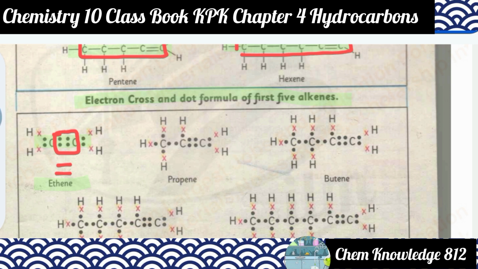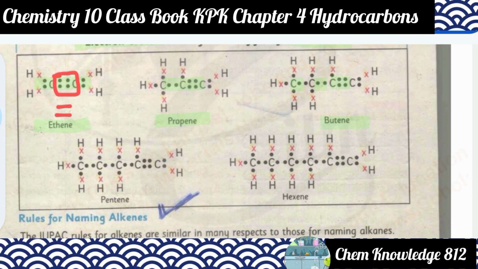The next one is propene, and this is the double bond. This is a double bond, and this is a single bond. This is a butene having 4 carbon atoms, with one double bond and single bonds between the other carbon atoms. Similarly, pentene has 5 carbons having one double bond and the remaining single bonds between carbon atoms.